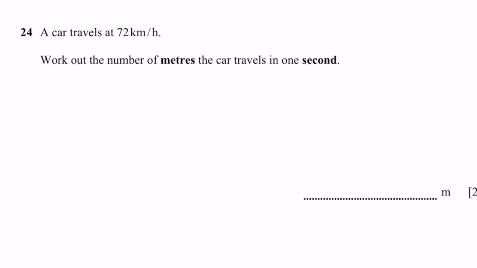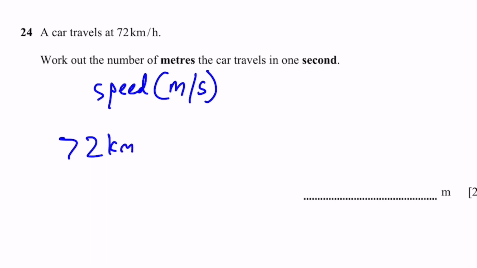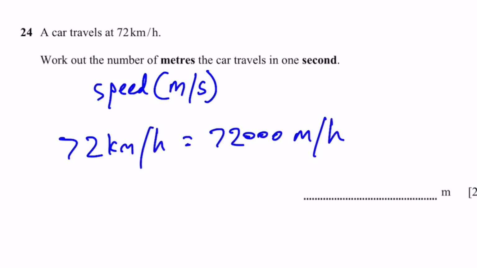A car travels at 72 kilometers an hour. Work out number of meters the car travels in 1 second. So that's practically the speed in meters per second. That's what we need to find. So 72 kilometers an hour is equal to 72,000 meters per hour.